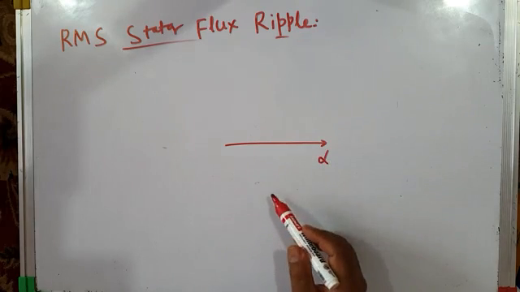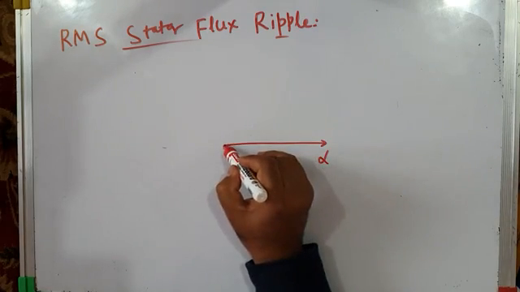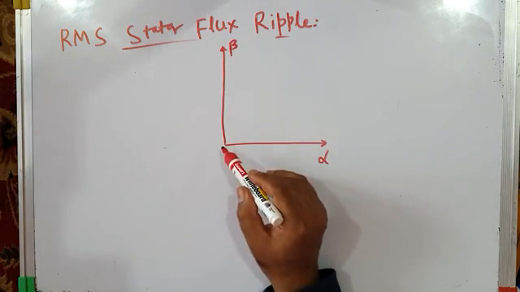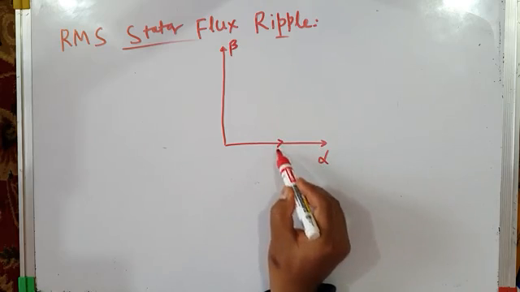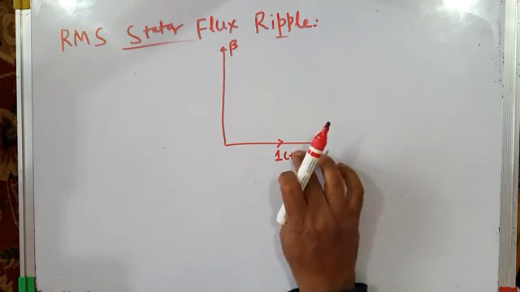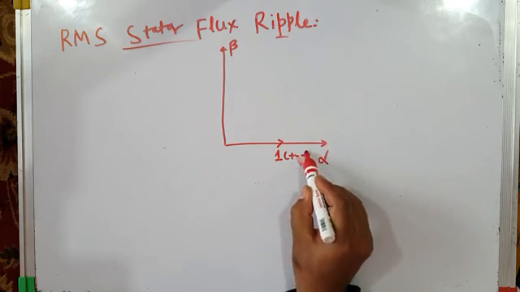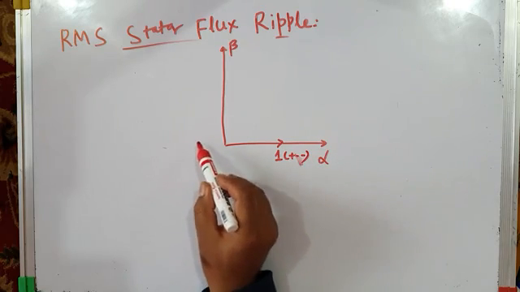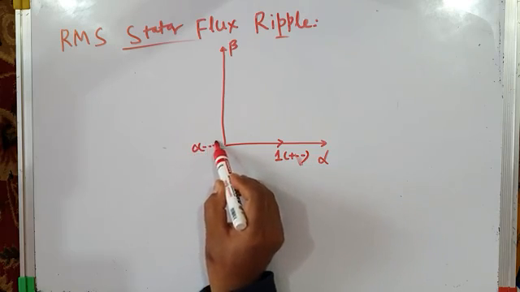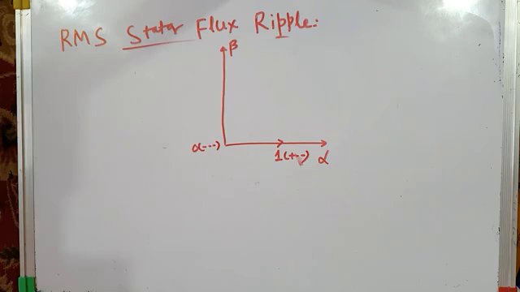For example, if I draw a space vector diagram, this is my alpha axis, this is beta axis, right? So this is my active vector 1, which is applied across the load for time interval t1. Before that, we apply null vector 0, which is applied for time tz by 2.